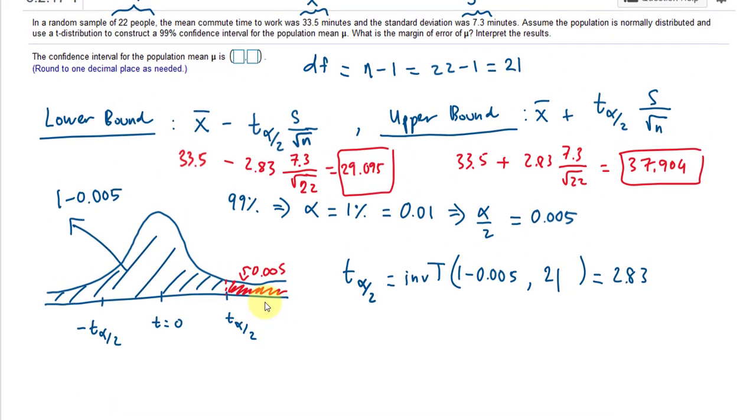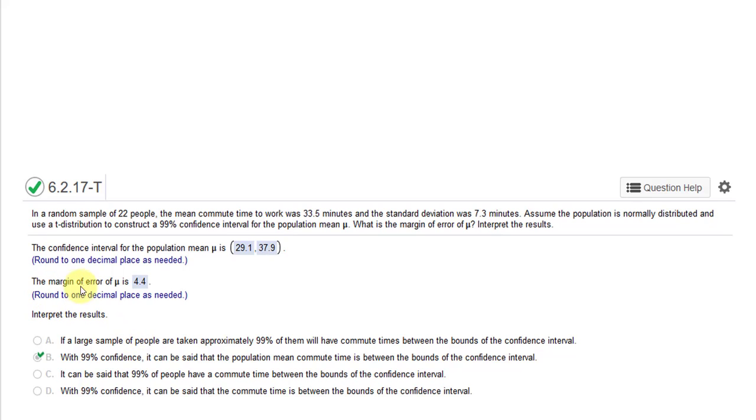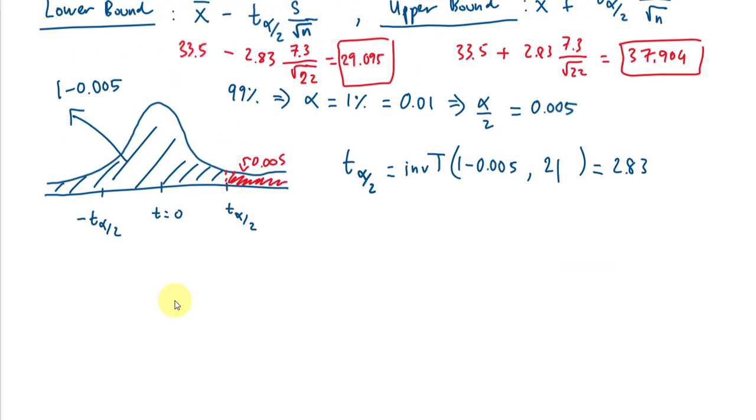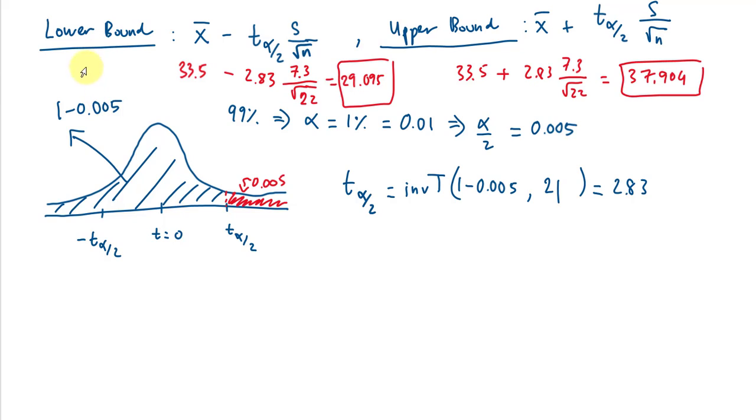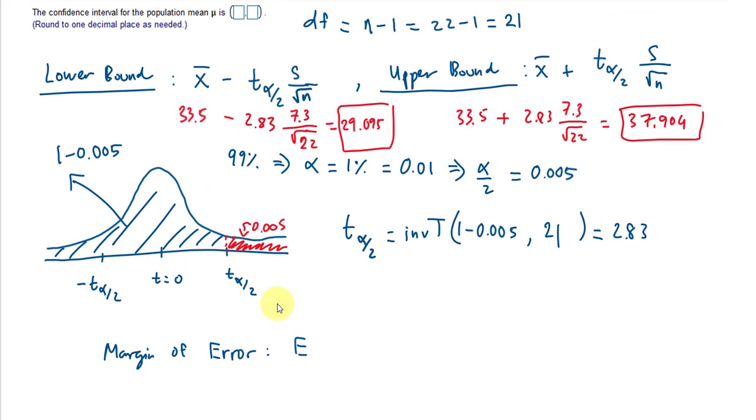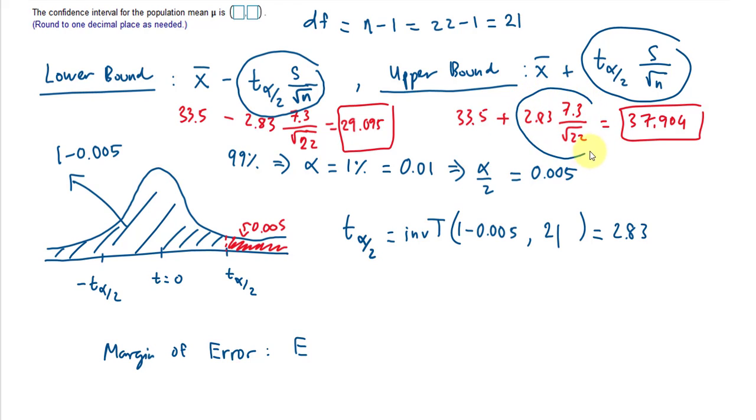And then now the next question, they ask you for the margin of error. So we are looking for the margin of error, and that is the notation, the big symbol E. And the margin of error is simply just this portion right here, or this value.